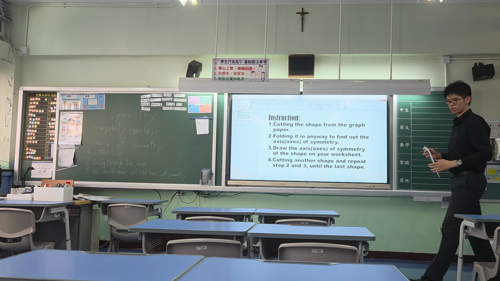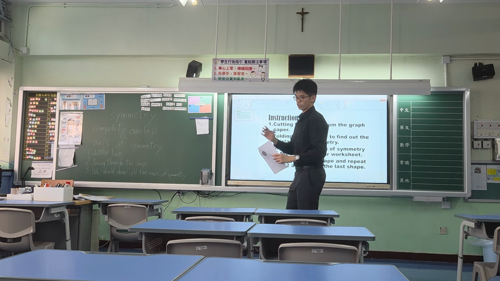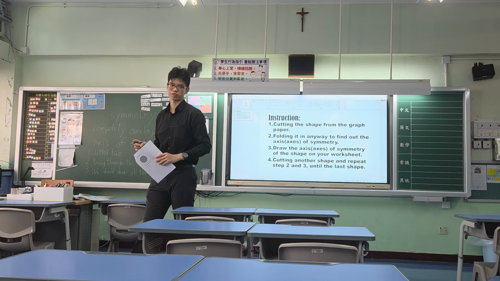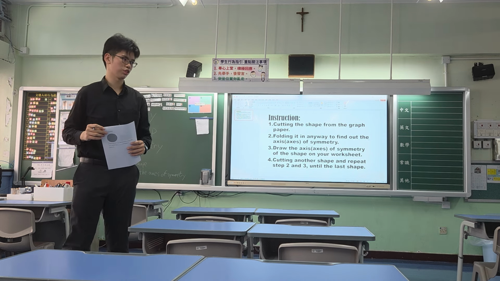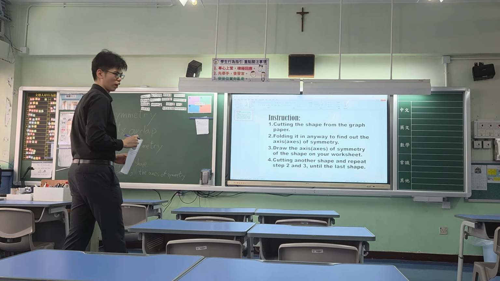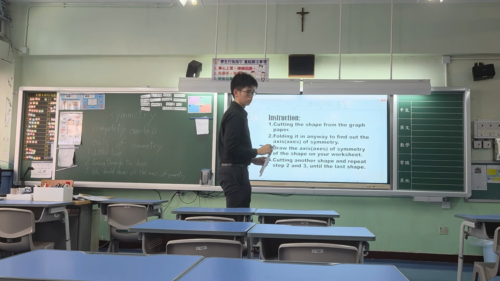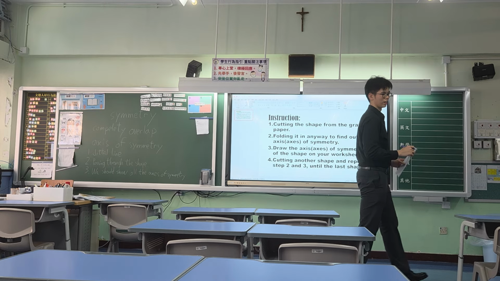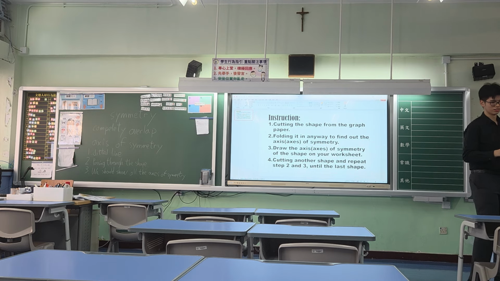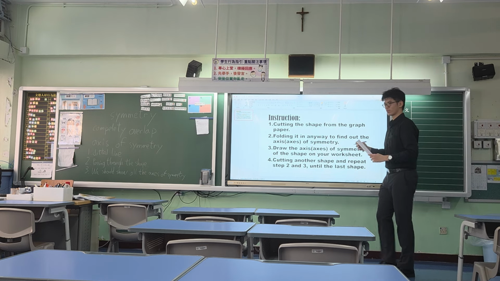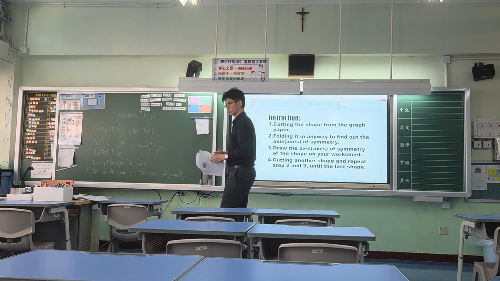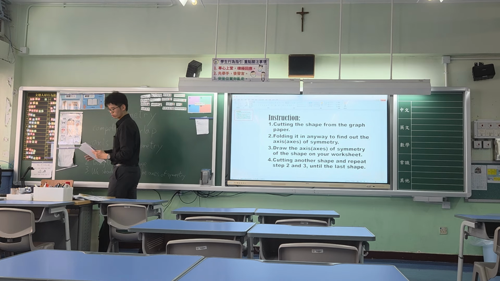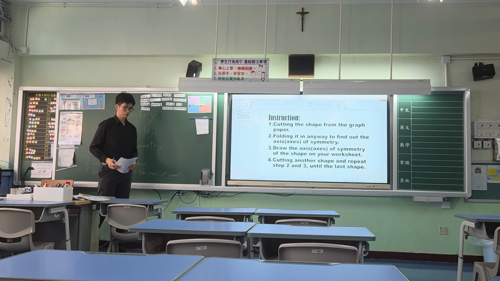Okay, I can give you a little hint. Some of the shapes have more than one axis of symmetry. Some of the shapes do not have an axis of symmetry. They are not symmetrical. Okay, go on.